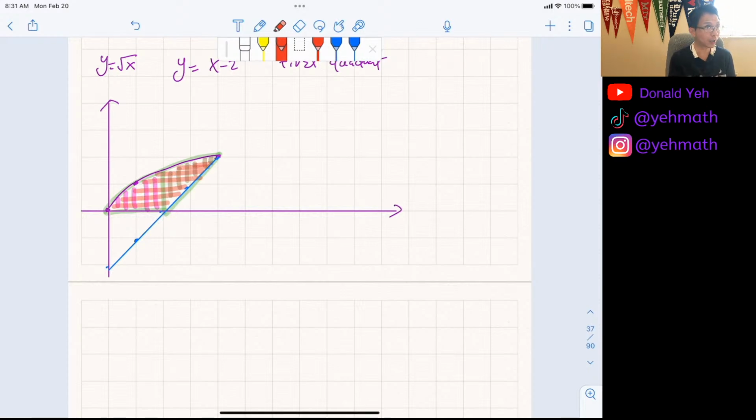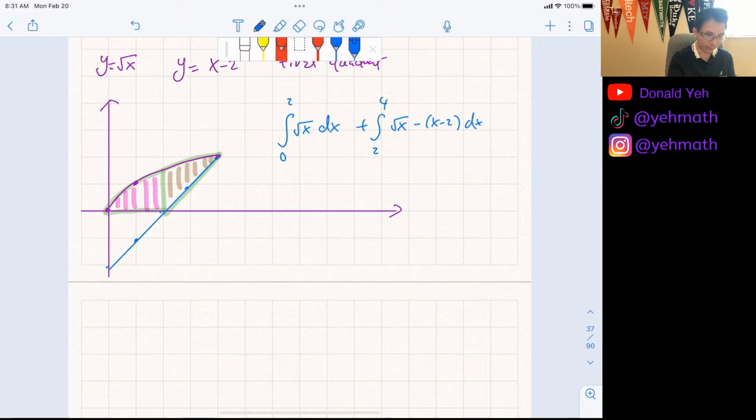You can do it this way because you only have to do one integral as opposed to two integrals. So let me show you again. This is in terms of dx. If I do it in terms of dx, it's going to be the integral from 0 to 2 of square root x dx plus the integral from 2 to 4 of square root of x minus 2 dx.